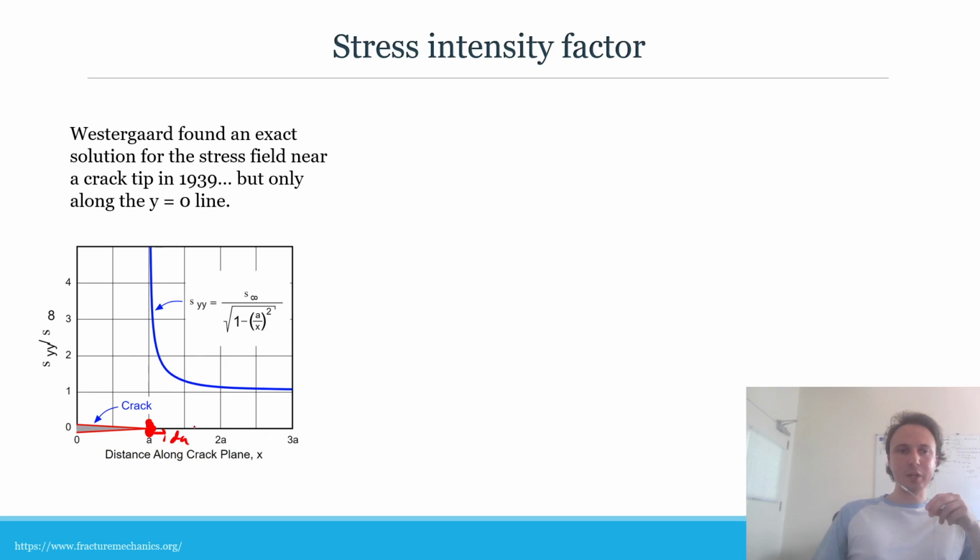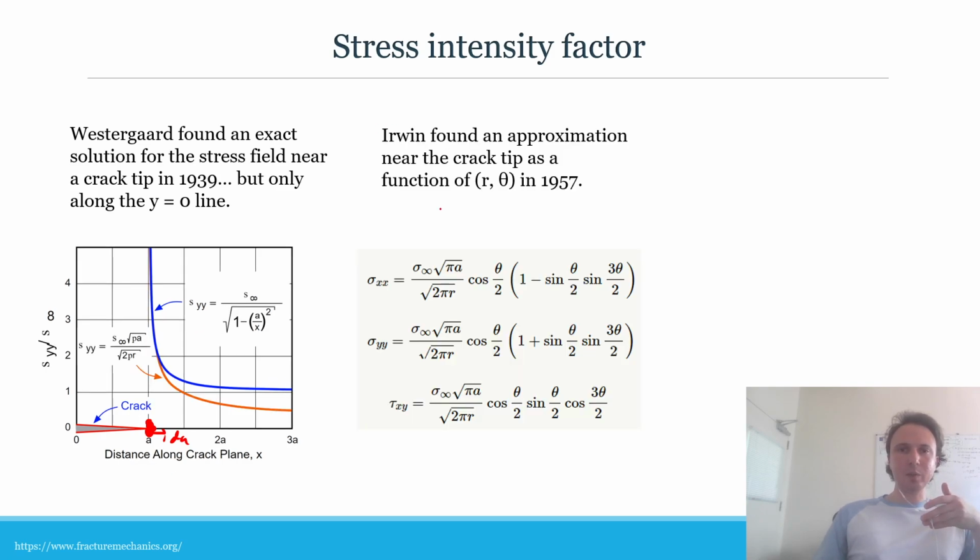So where y equals 0, he had no idea what the stress was like at the top or the bottom. And so what Irwin did was he found an approximation that worked when you're very close to the crack tip. It doesn't work very well very far from the crack tip, but that doesn't actually matter for our purposes because we only care about the intensity near the crack tip.